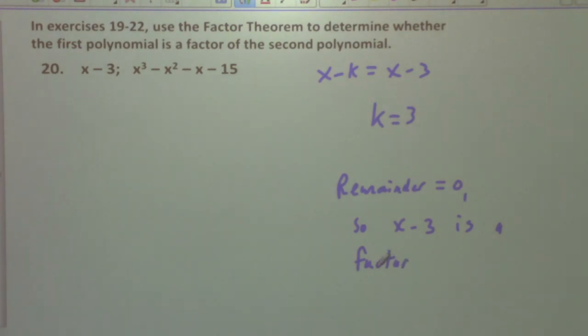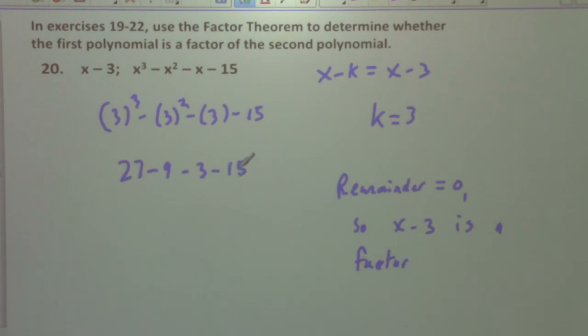And I don't know exactly what she did to do this, but if she plugged in 3, she gets 3 cubed minus 3 squared minus 3 minus 15. And so she's getting 27 minus 9 minus 3 minus 15.